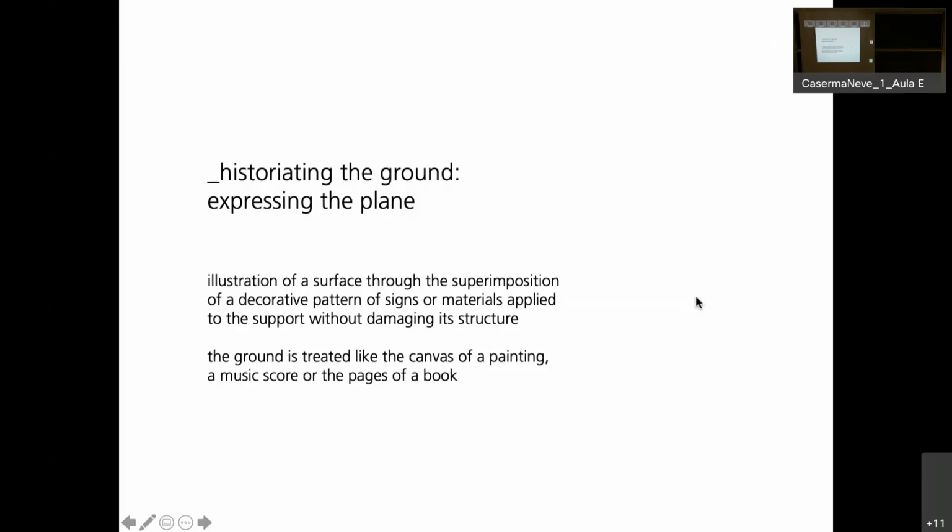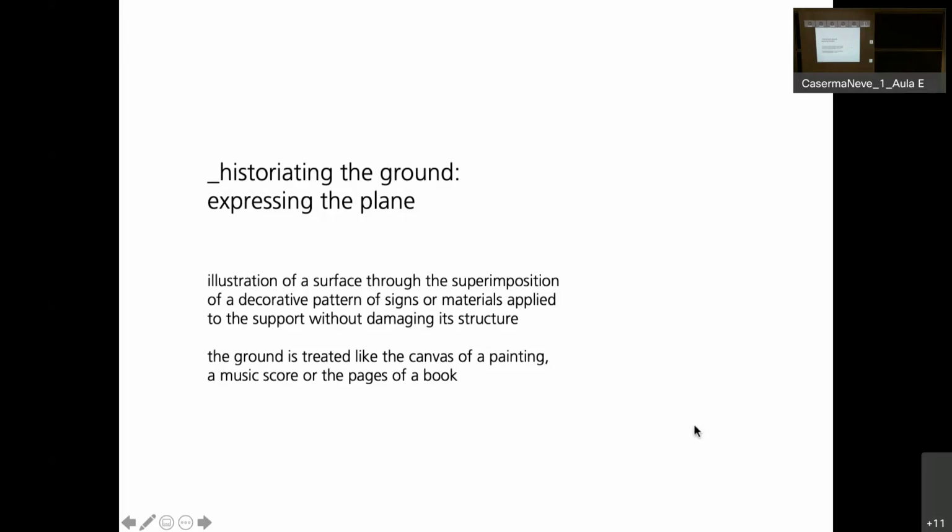So something that expresses exactly the nature of the plane by adding a decorative pattern to this plane. Could be something, as I said, figurative, could be something more narrative in the literary sense of the word. We will see through the examples.